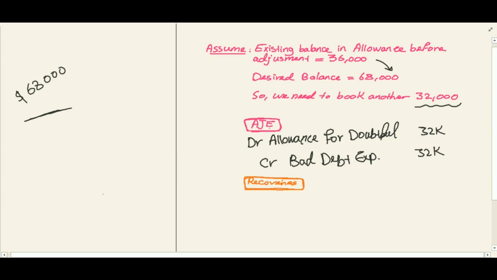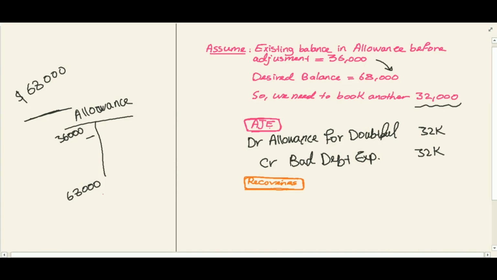So the allowance balance started with 36. If you put the T account here for the allowance account, we started with 36,000, and we need the ending balance to be $68,000.